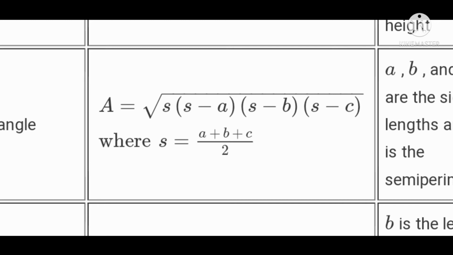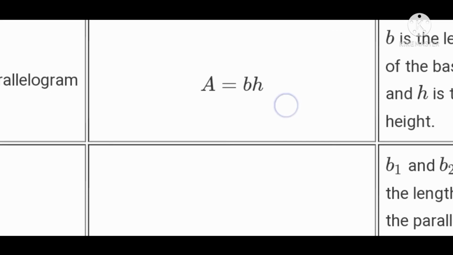As you can see in the table, this is the formula, where a, b, and c are the side lengths and s is the semiperimeter. Parallelogram: if the shape is a parallelogram, the formula is A equals bh, where b is the length of the base and h is the height.